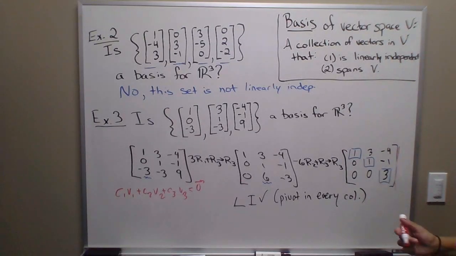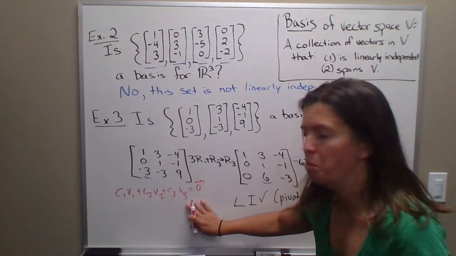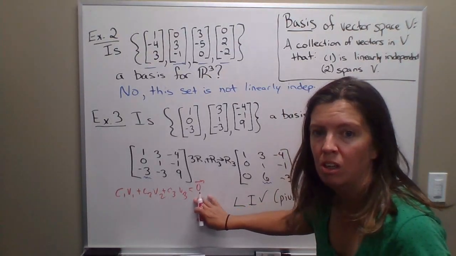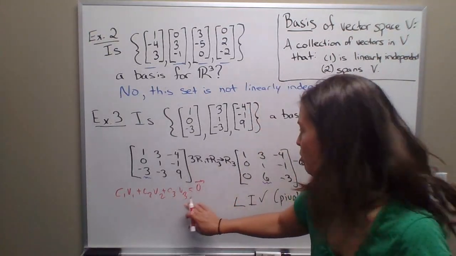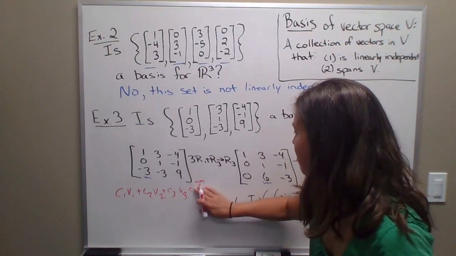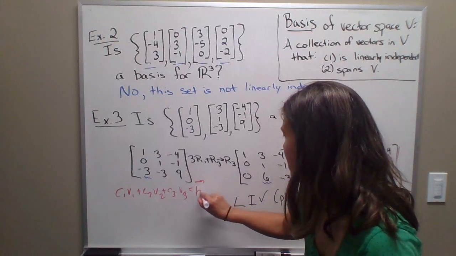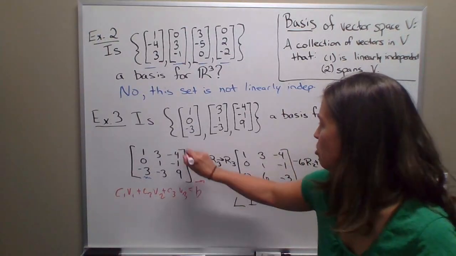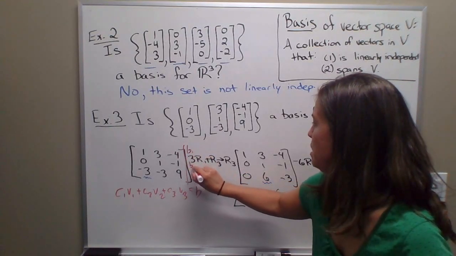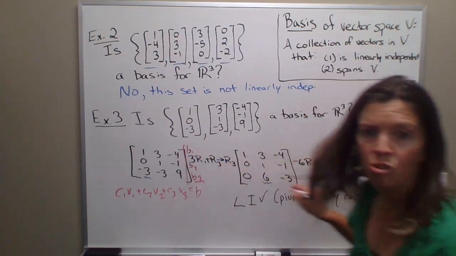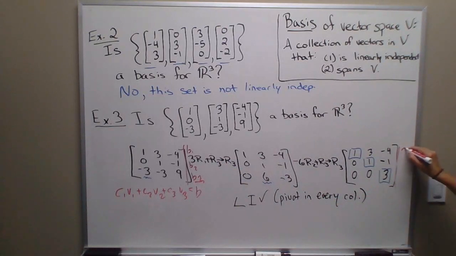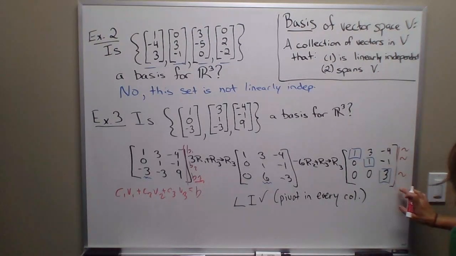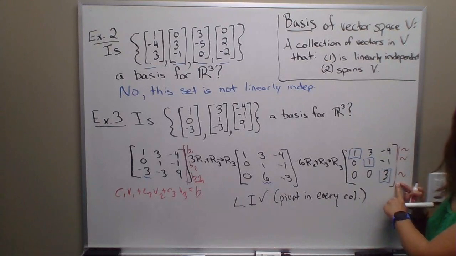Does the collection of vectors span V? Well, now, instead of the definition of linear independence, where this linear combination of the vectors is equal to the 0 vector, think of it as we're trying to generate just any vector B in R3. So you have this augmented now with B1, B2, B3. And again, you do the row reduction. Once you get over here, you're going to have some combination of B1, B2, B3 in your constant column. But the important thing is there's no way you're going to end up with a pivot in the constant column.